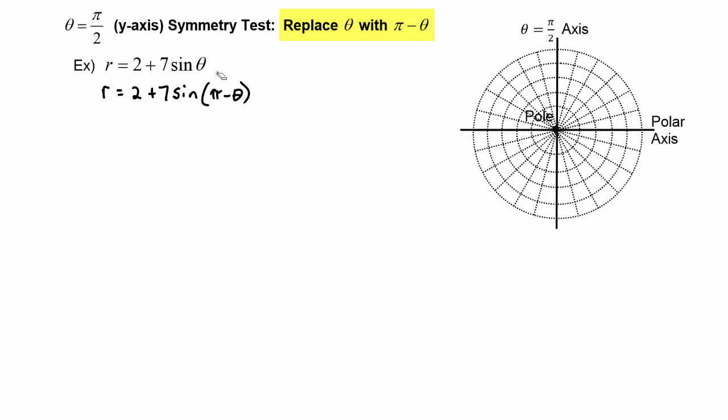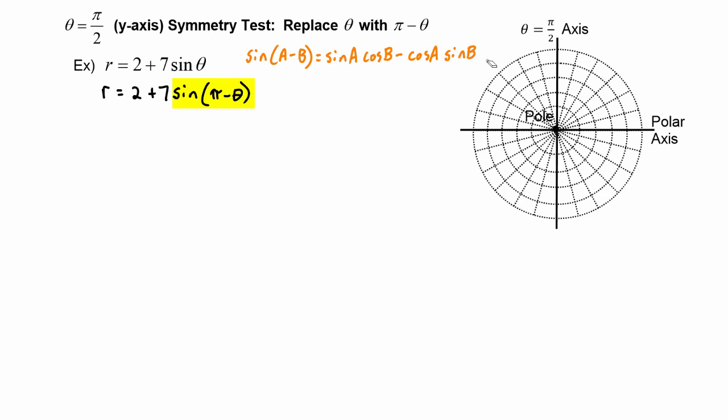Now to simplify this, we will want to use the difference identity for sine. So let's remind ourselves that the sine of a minus b is equal to sine of a cosine of b minus cosine of a sine b.